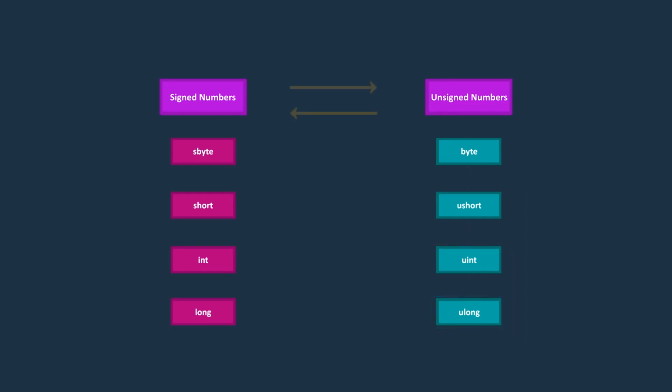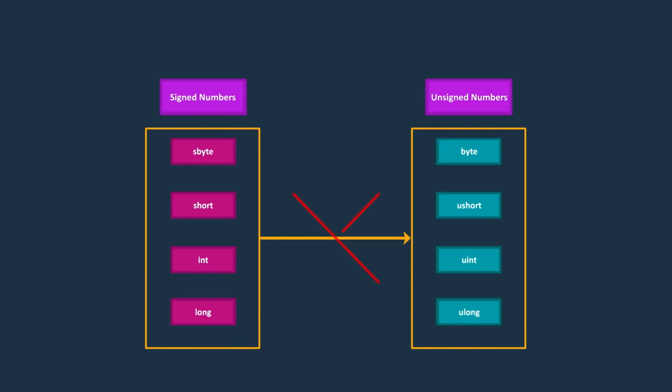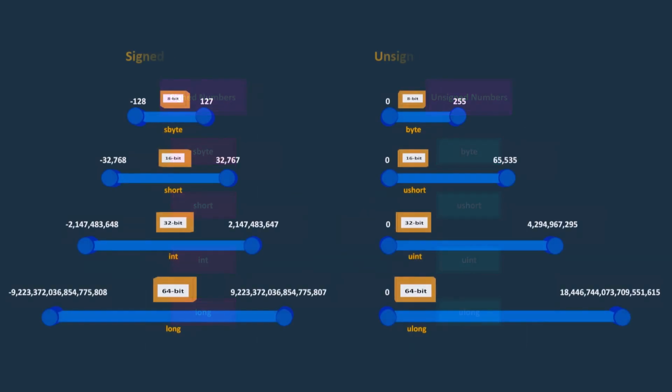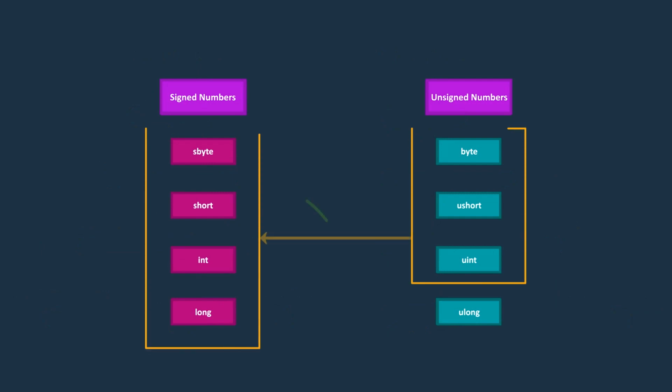Okay, but what if we want to implicitly cast signed and unsigned numbers to each other? Generally, we cannot do an implicit cast from signed numbers to unsigned numbers because unsigned numbers cannot represent negative values. But it's possible to do an implicit cast from unsigned numbers to signed numbers, except for ulong type.